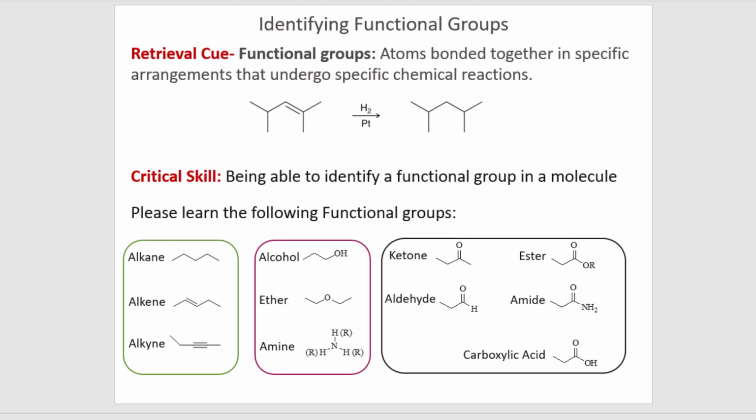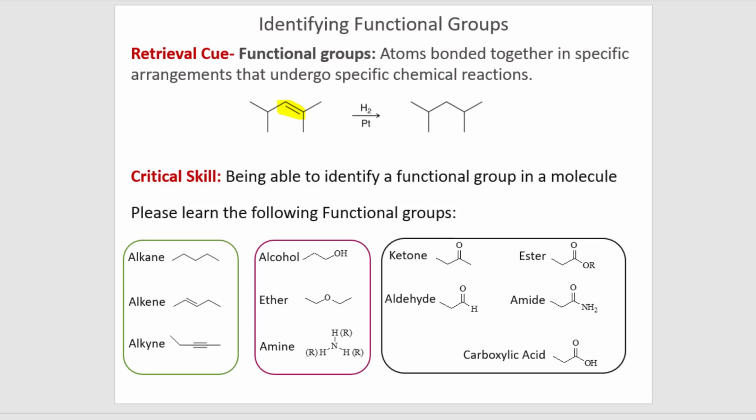For instance, one functional group is called the alkene. This is simply a carbon-carbon double bond that you can see right here in our bond line structure. That double bond is the only area where chemistry really can occur because of its functionality.